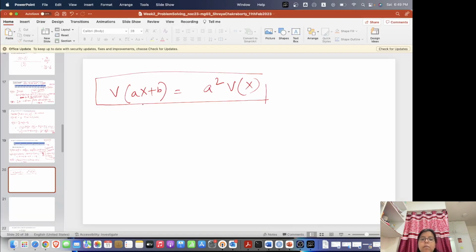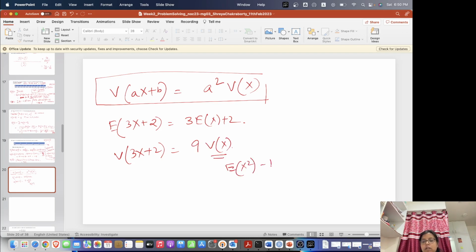If there is a scaling parameter, something multiplied or divided, then that is affected. But translationally, variance is not affected. So expectation of 3x plus 2 will be 3 times expectation of x plus 2. But variance of 3x plus 2 will be 9 into variance of x. And you know how to compute variance of x: expectation of x square minus expectation of x whole square.